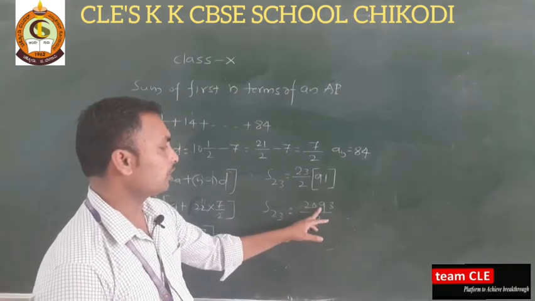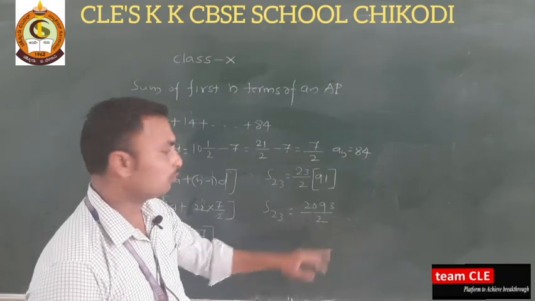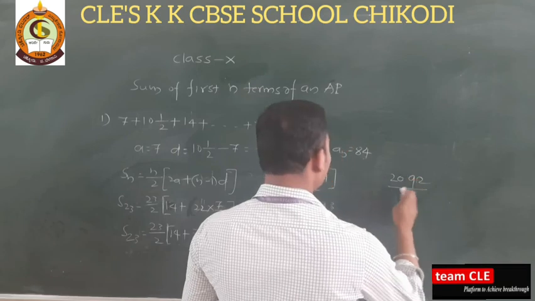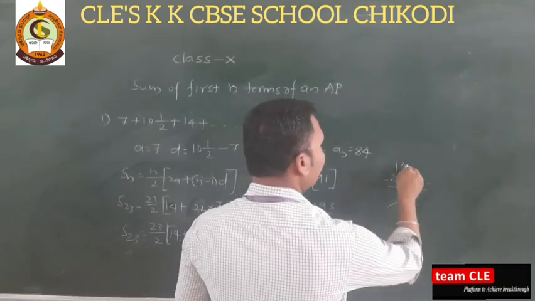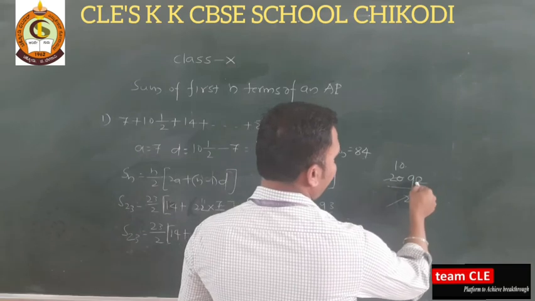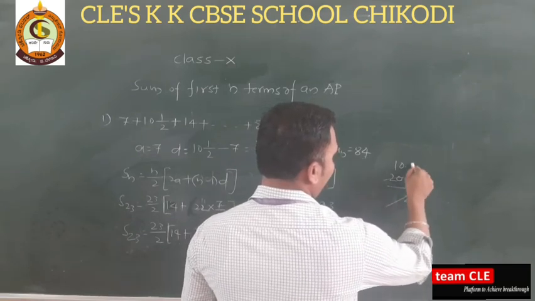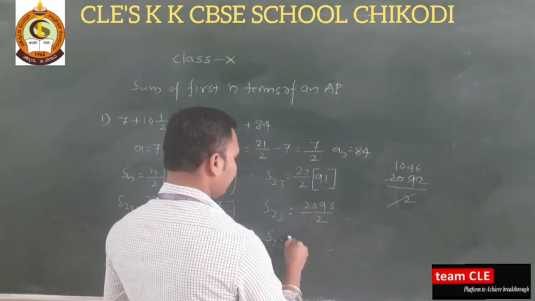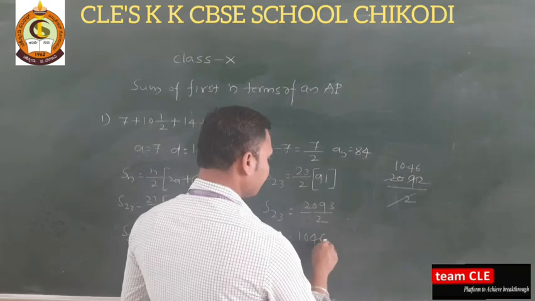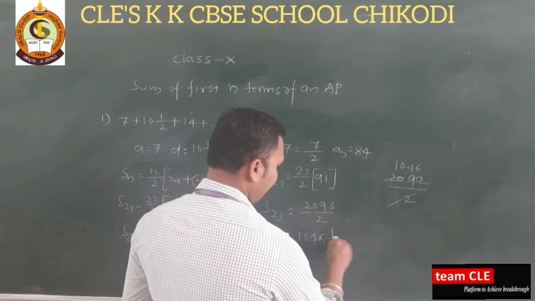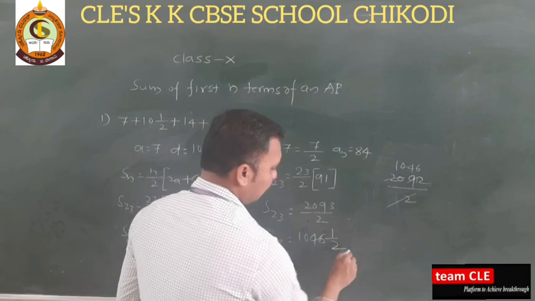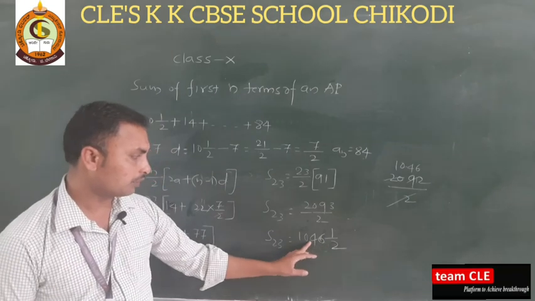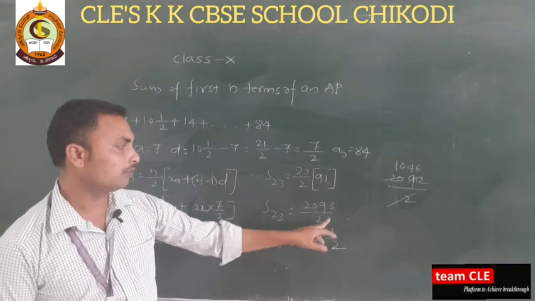So this is 2093 by 2. Converting to a mixed fraction, we divide 2093 by 2 and get 1046. So S23 is equal to 1046 1 by 2, like this it is given in your textbook. 2 into 1046 plus 1 gives 2093 divided by 2.